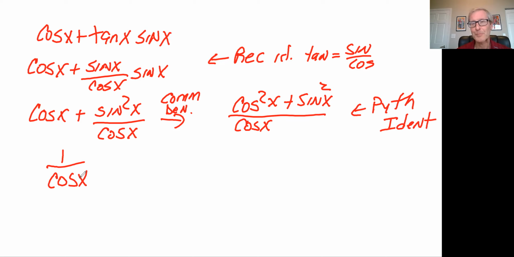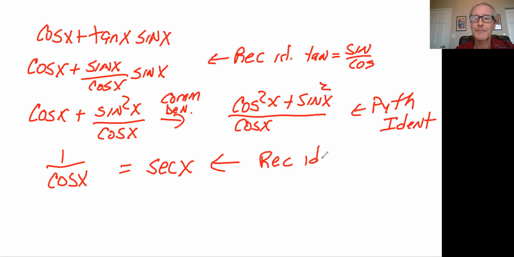And so in my life, I would leave this as the simple way because I always tried to use sine and cosines. But if you do that reciprocal, you would see that this is the reciprocal identity. And it ends up being secant of x.